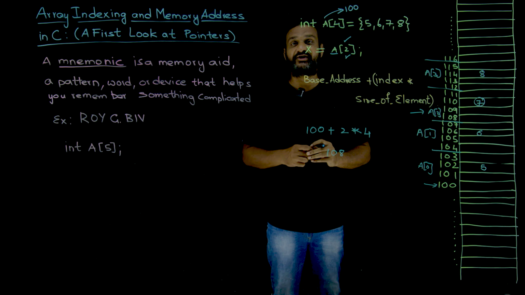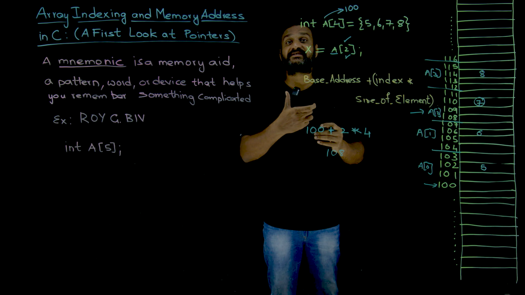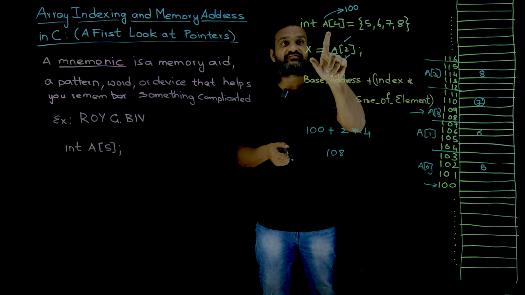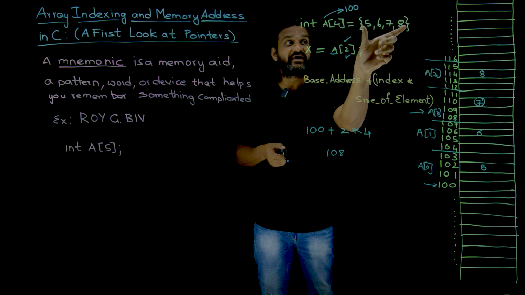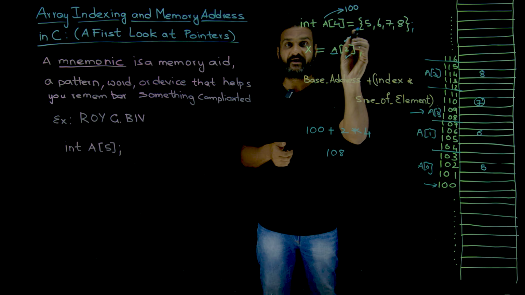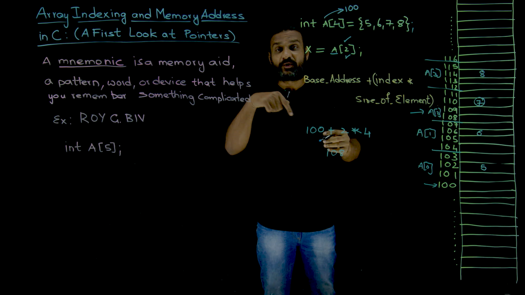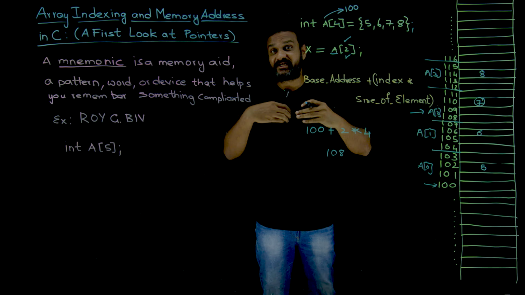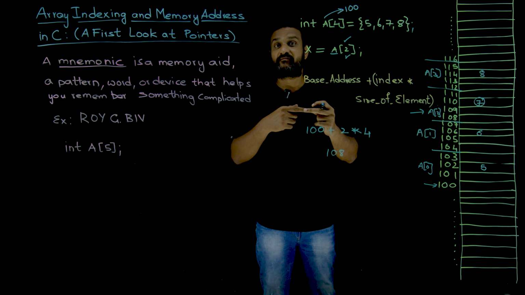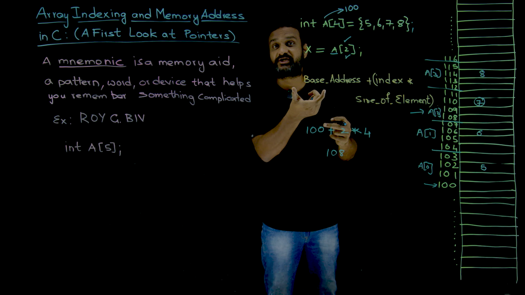So that's it for this video. In the next class, we will see how to dynamically access the array elements. In this example, we have always initialized the elements while declaring the array. But is it possible to initialize the elements of an array while executing the program, in the runtime?